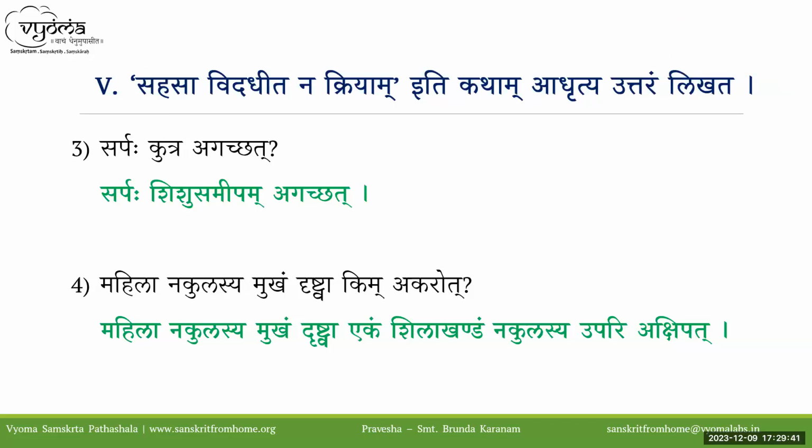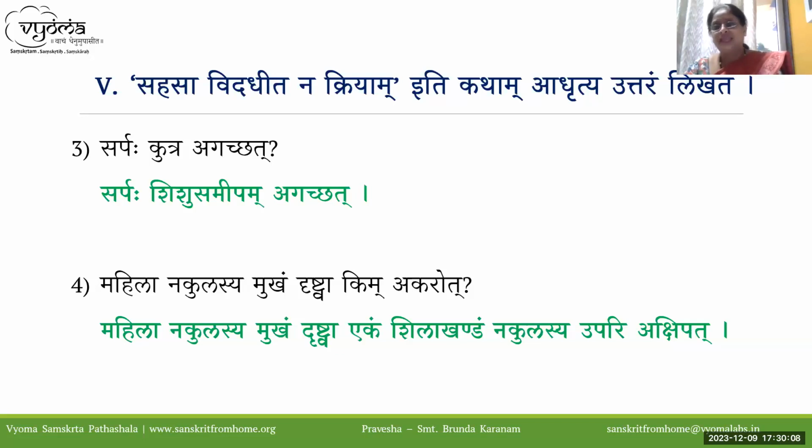Okay, fine. I understand. The objective was only to improve your Sanskrit writing skills. It's not about what is a correct answer or wrong answer, that is not really important here. Your ability to construct the sentence is what we are trying to work on in this particular exercise. So Mahila Nakulasya mukham drishtva, then you say ekam shilakandam.